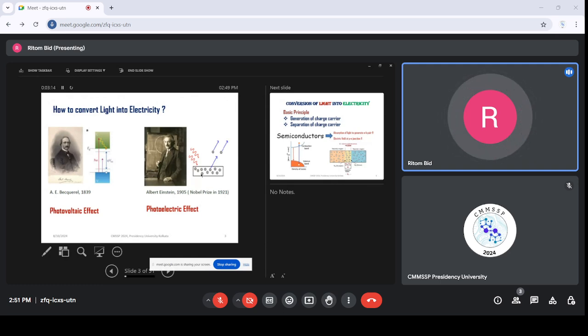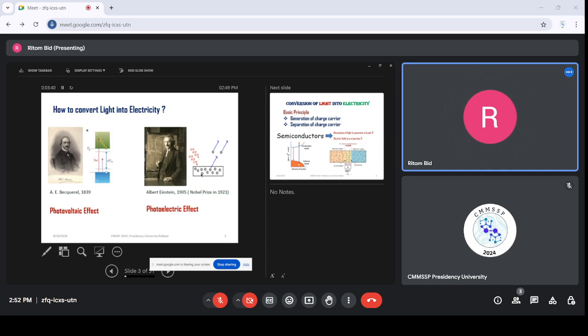The primary condition is that the incident energy should be greater than the band gap of the material. Now, when electrons go from the valence band to the conduction band, there must be some unoccupied space in the upper state, and it must follow the quantum mechanical selection rules.